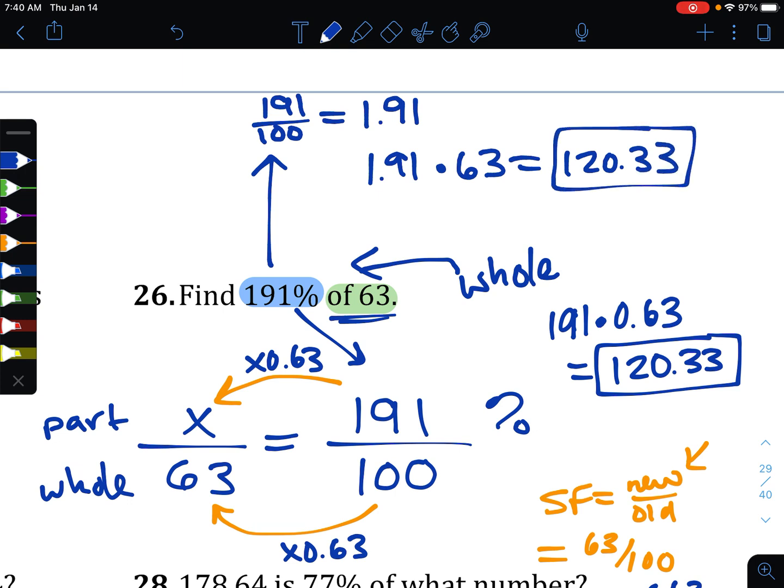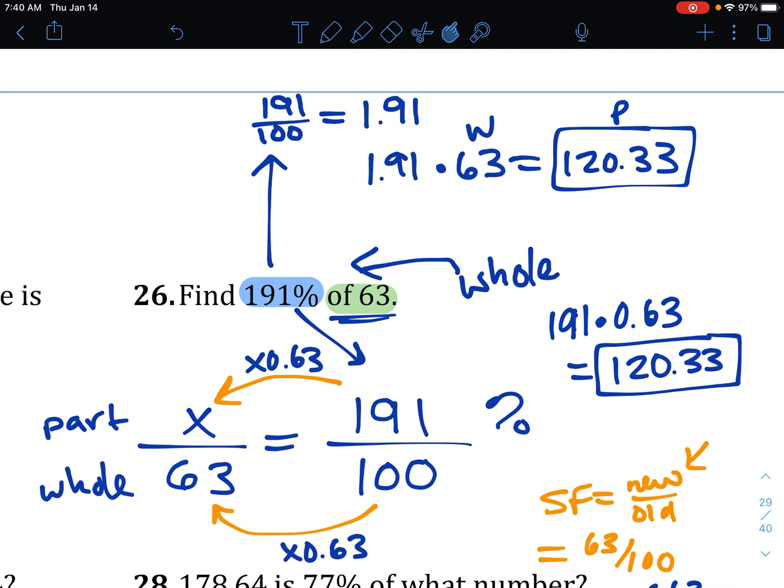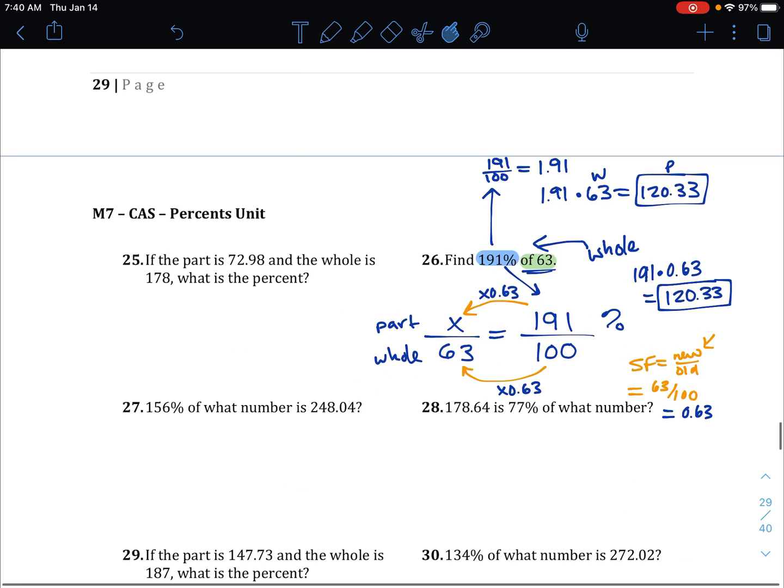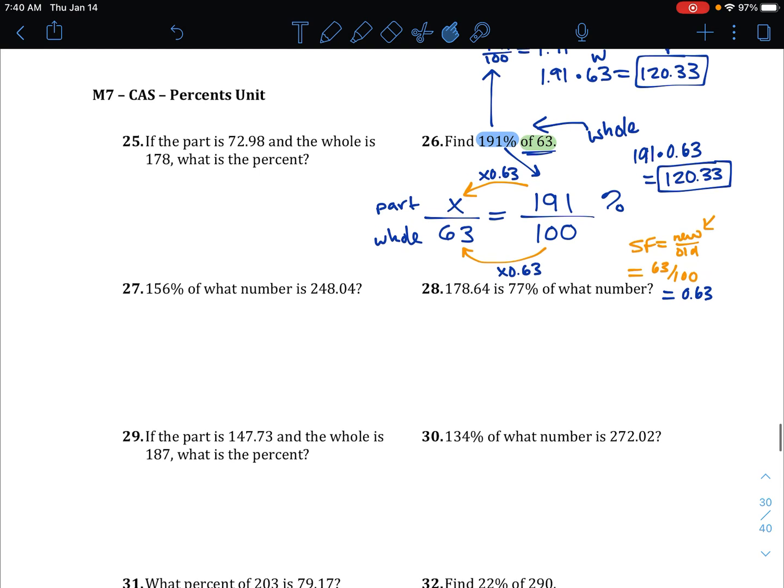Again, same answer, and it's a little bit weird that the part is bigger than the whole thing, but it should make sense though, because the percent is bigger than 100%. So our part is actually going to be bigger than what we were starting with as the whole. So that's one example of how to find the part. And we used our keywords there to figure out what we were looking for. The "of" told us that we had the whole, and the percent symbol told us we had the percent.